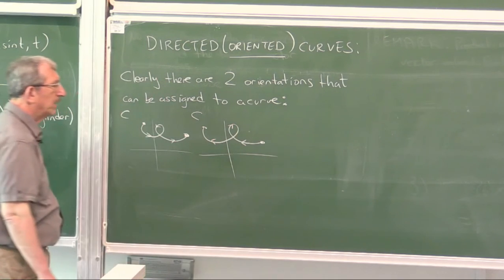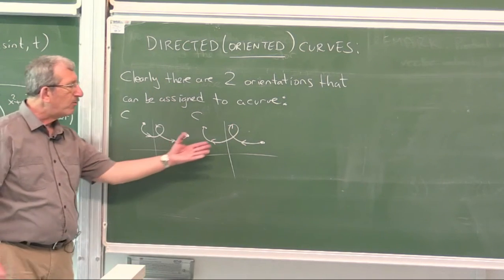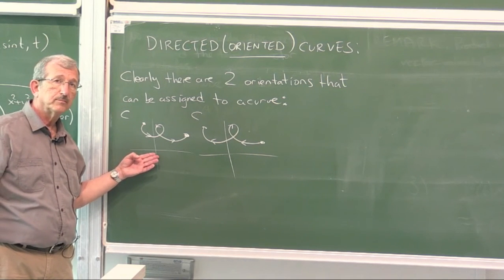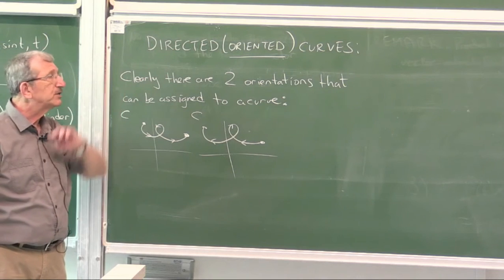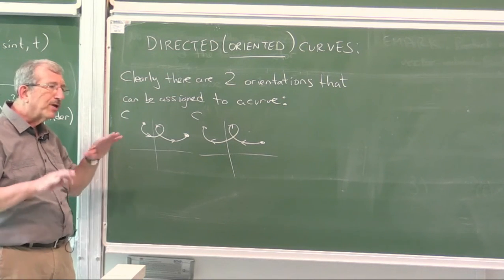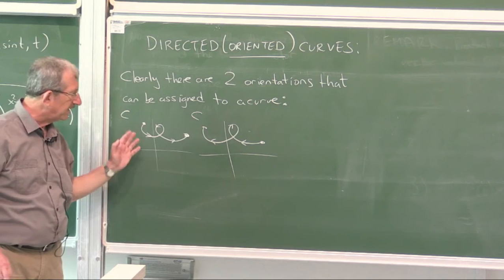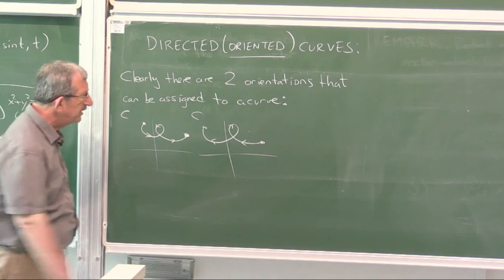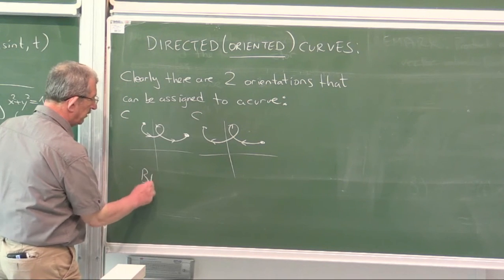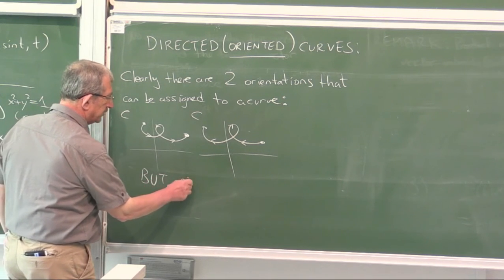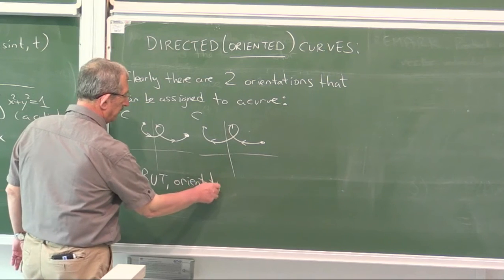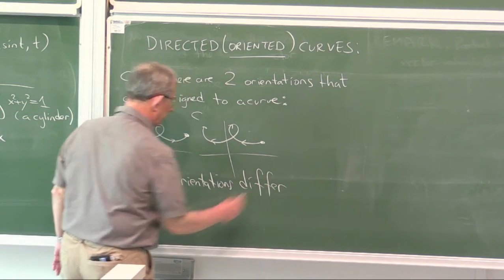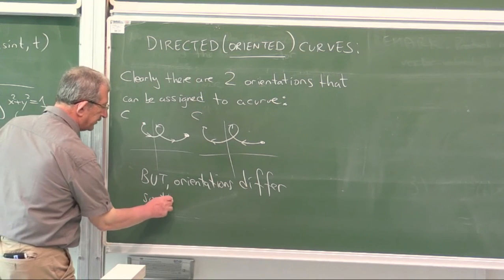Well, in this sense, they are oppositely oriented, so they are not the same curves, if you consider them as oriented curves. If you forget orientation, they are exactly the same. So this is the same C, but of course, orientations differ. So they are not the same.